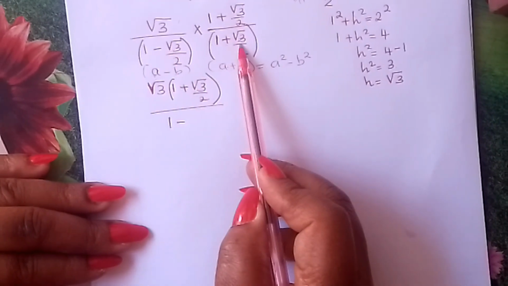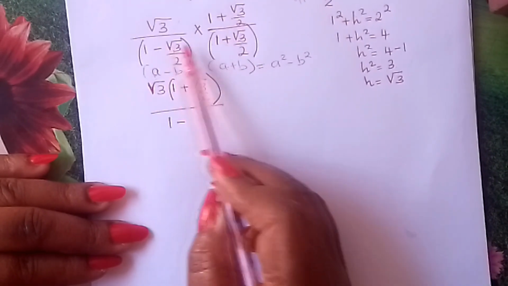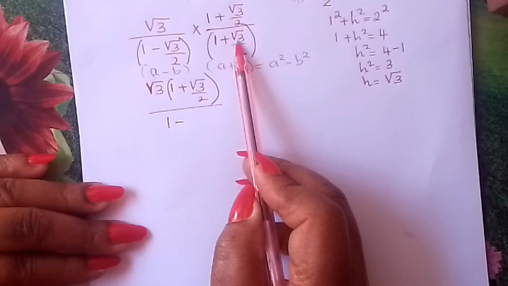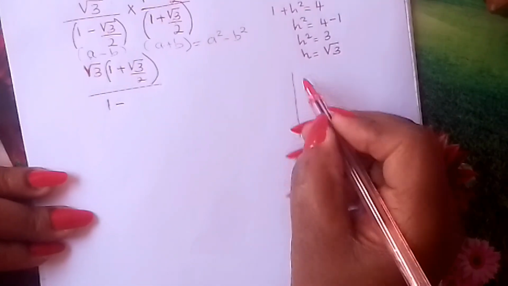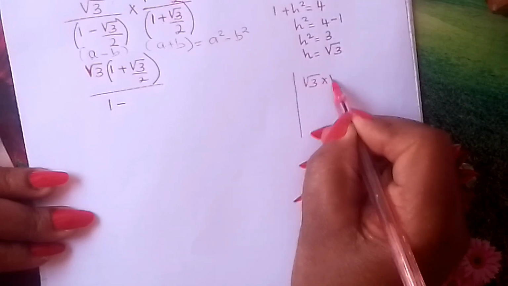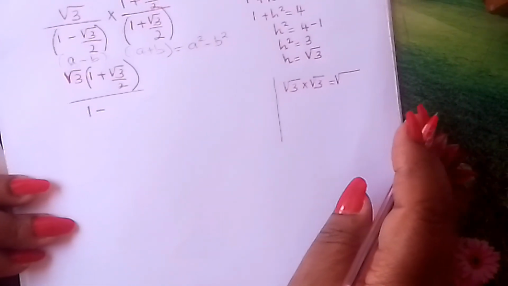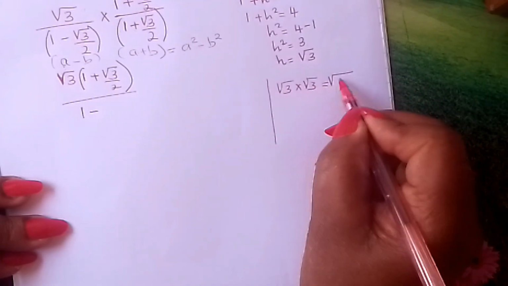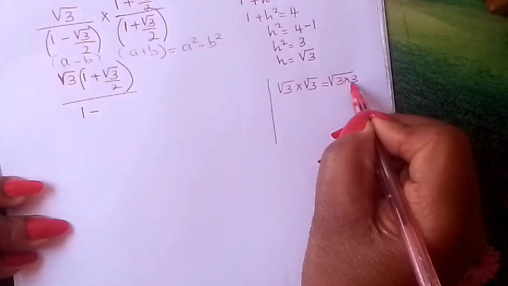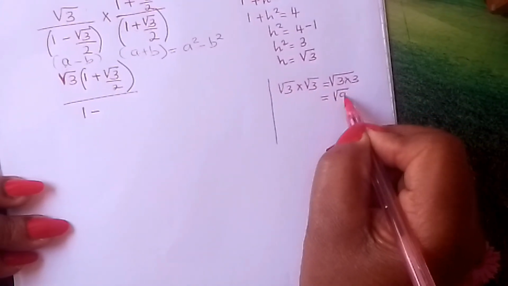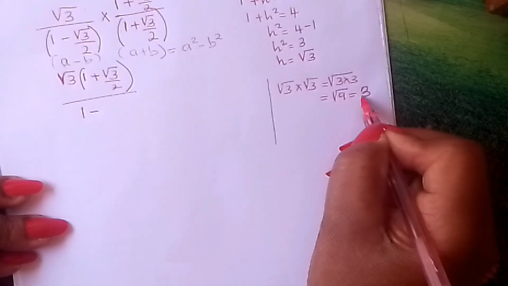This times this is what, learner? Root 3 times root 3. Square root of 3 times square root of 3. Maybe I can write it here. We say that you just write 1 square root. Then you multiply these numbers like that, which is equal to square root of 9. And square root of 9 is 3.